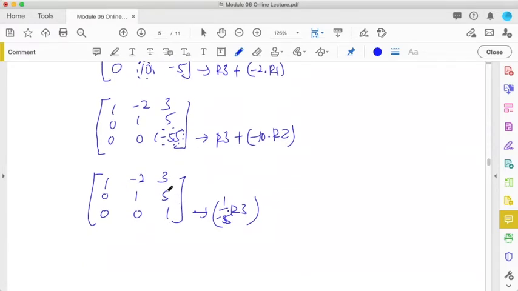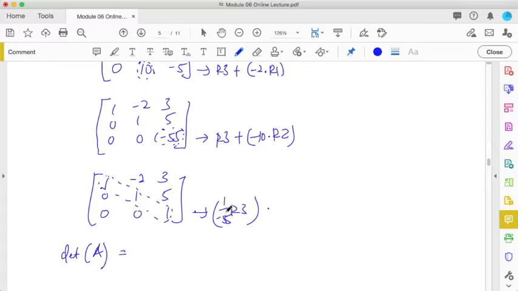Okay, so next, once we get this in the form of an upper triangular matrix, then we can find the determinant of our matrix A. So how to find the determinant? You look at the coefficients involved with this diagonal. The first one, you have this 1 over negative 55.